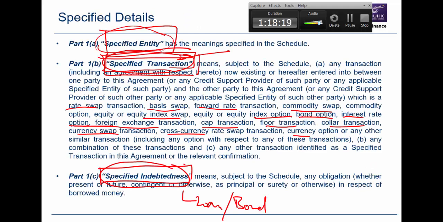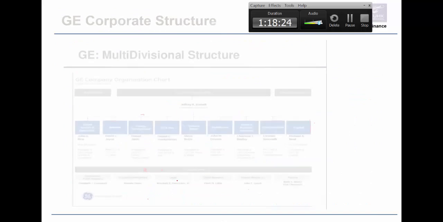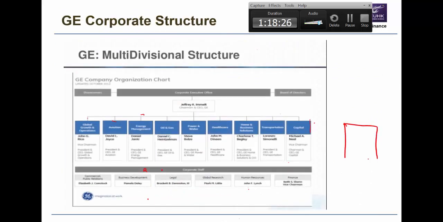No, this one is, you are referring to, so you are right here. So you are JP Morgan dealing with GE Capital, and you are worried about a particular bond issued by GE Power and Water. So if they ever default on that bond, then you have the right to cancel this relationship.